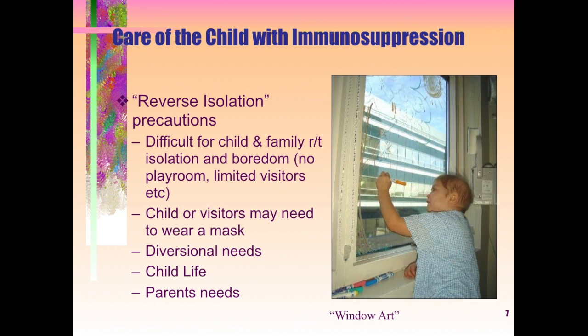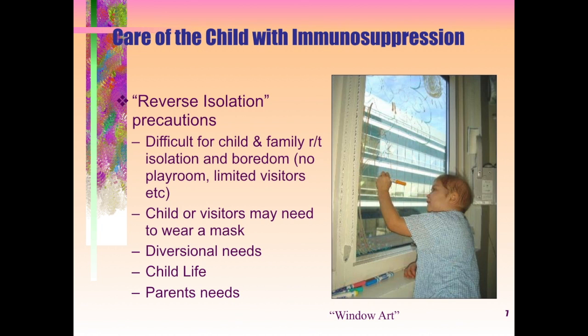When their ANC is near 0, we might ask the family, even though they've been with this child forever, to still wear a mask, and you will be asked to wear a mask. Provide diversional activities for this child, and you can see that in the picture that the child is drawing on the window, and we just gave him little markers that can wash off the window. Child Life will go in and visit this child as well.